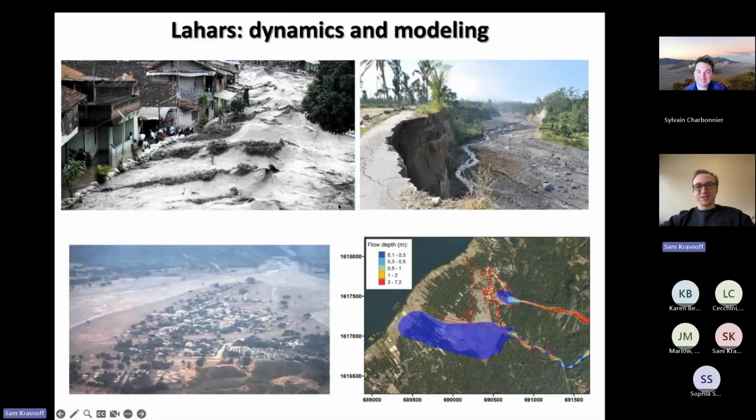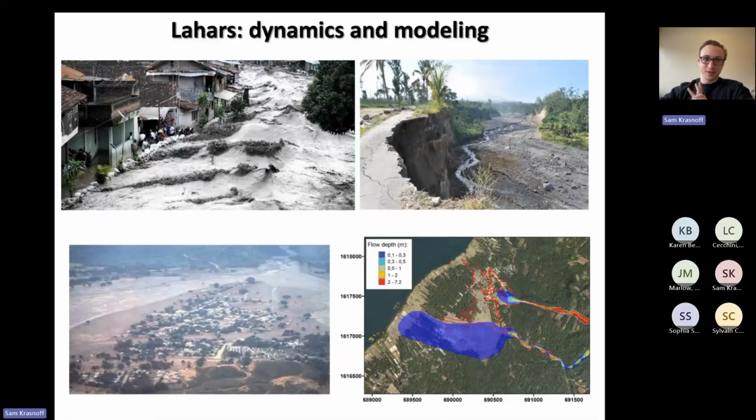Okay, great. So, as Sylvain said, today is focused on lahars and debris flows. What you see here are a couple of different examples of actual debris flows. Sylvain, I'm not sure if you know where these are. Yeah, the two upper images are from Indonesia.